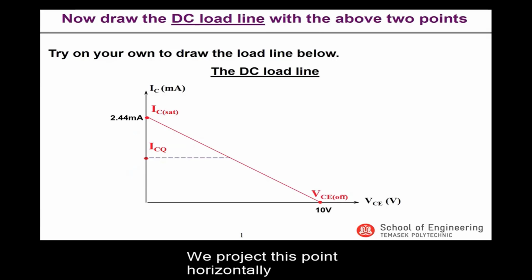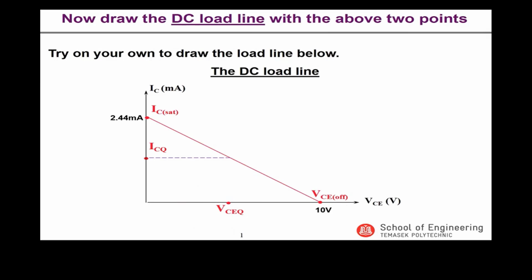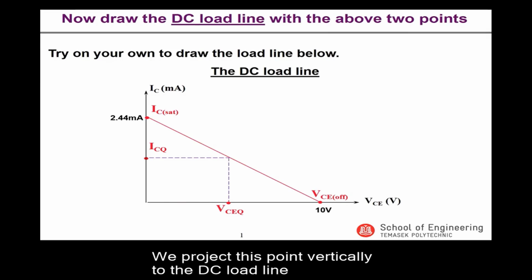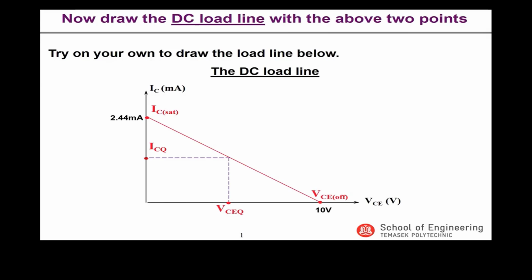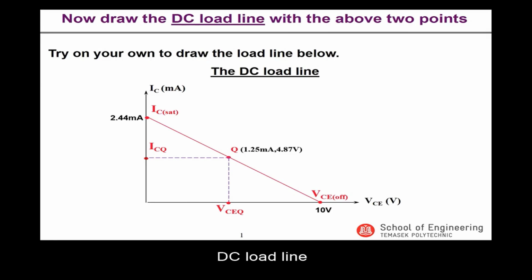We project this point horizontally to the DC load line. The X coordinate value of the Q point is VCQ and lies on the X-axis between 0 and VCE off. We project this point vertically to the DC load line. Hence, the Q point is finally indicated on the DC load line.